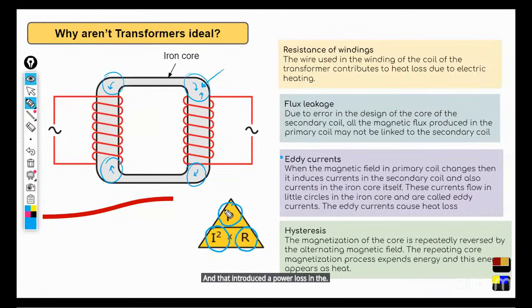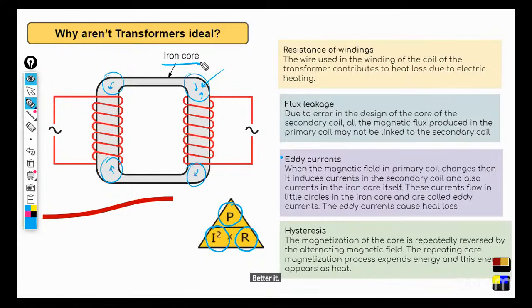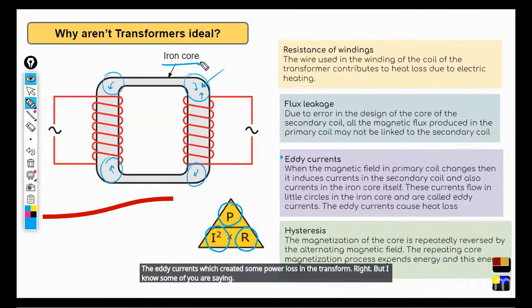So now, even though the iron core helped the transformer to work better, it introduced a very small problem: the eddy currents, which created some power loss in the transformer, right? But I know some of you are saying, oh God, just take out the iron core.